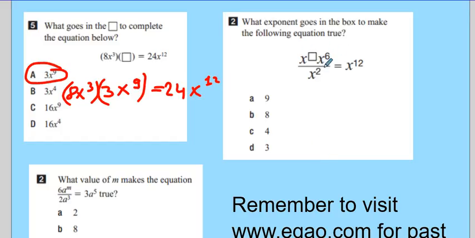What are you going to have to do in the numerator here? What is the action? What rule are we using? In the numerator only. Going to be product rule.